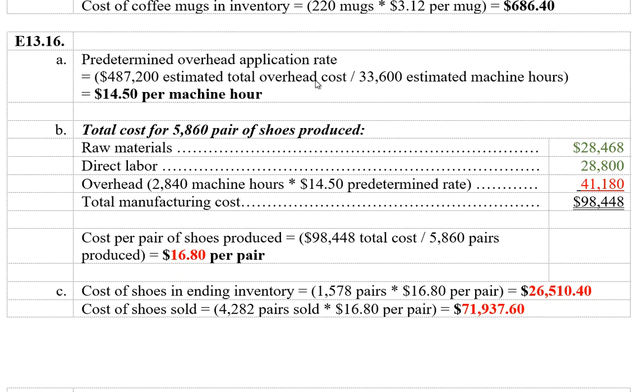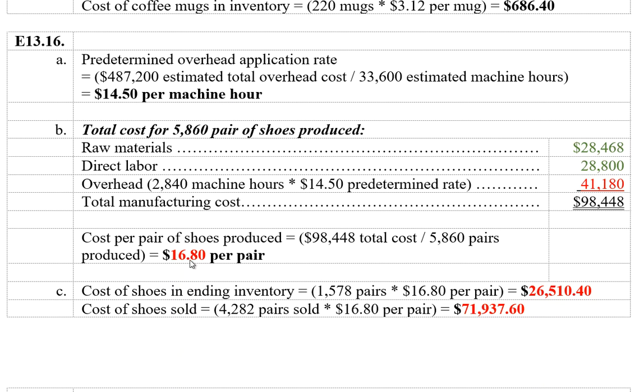And that overhead may have a variable component, may have a fixed component. But that's why we call it absorption costing, because that means it includes some fixed cost in that cost. So that's all that means. The term absorption just means that there's some fixed cost in there that's mixed in with the variable. And so we have an absorption costing rate here, and then we are applying it per pair of shoes here.